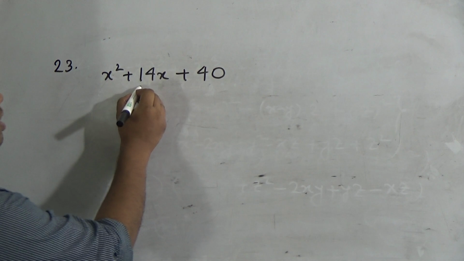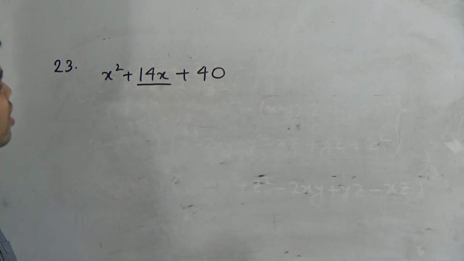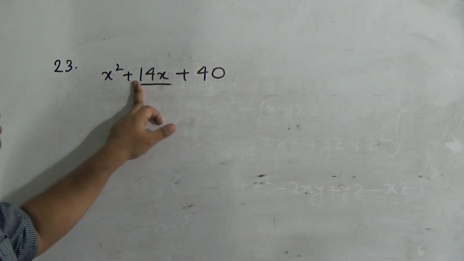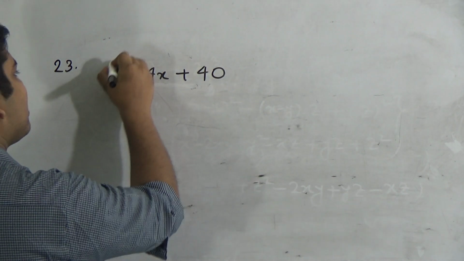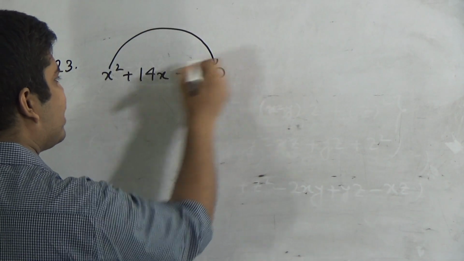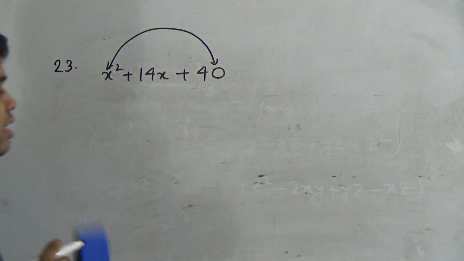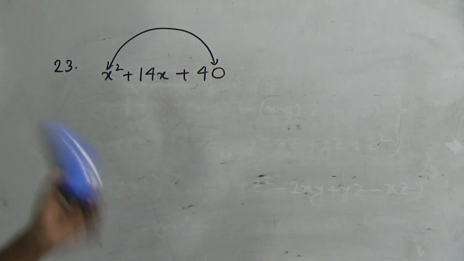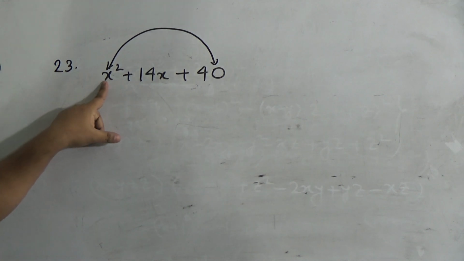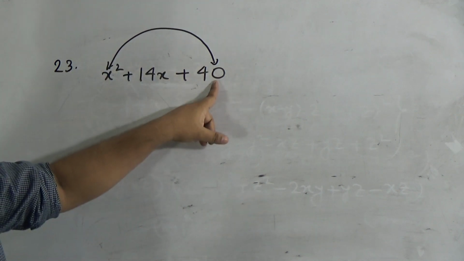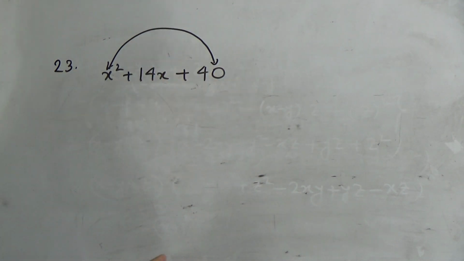Here the middle term is 14x, so we want to break this. How can we do it? Notice, at first we multiply the first expression with the last expression with sign. I repeat, at first we multiply the first expression with the last expression with sign.